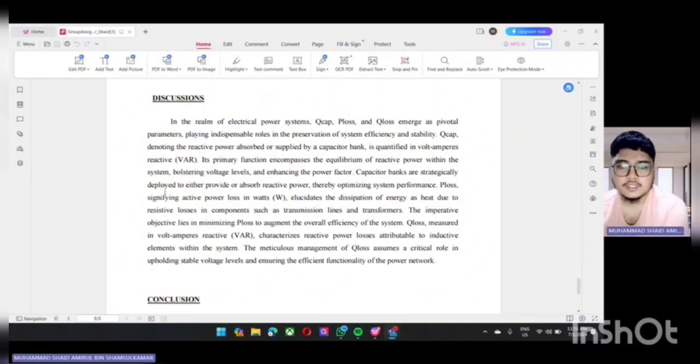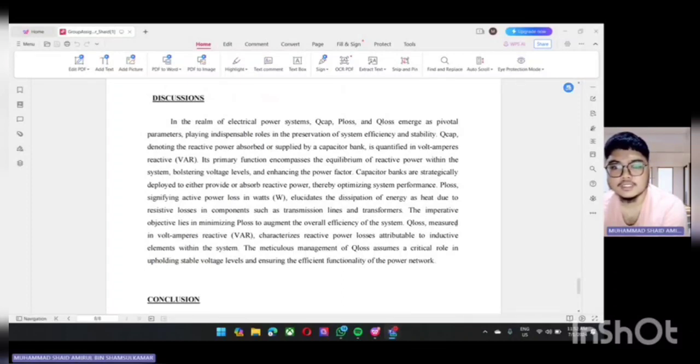P losses signify active power loss in watts, including the dissipation of energy as heat due to the resistive losses in the components such as transmission lines and transformers. The imperative objective lies in minimizing P losses to augment the overall efficiency of the system.